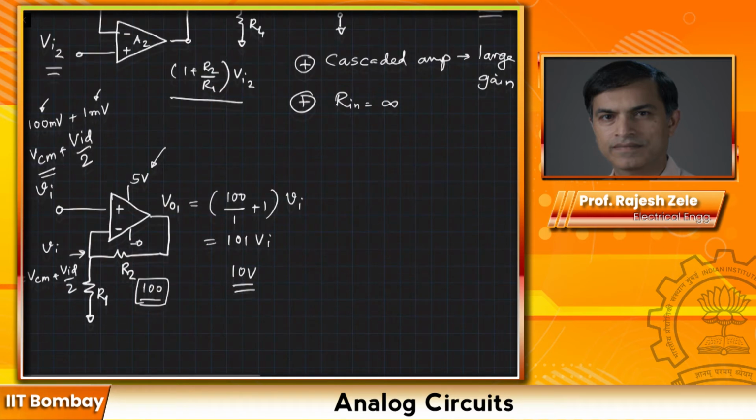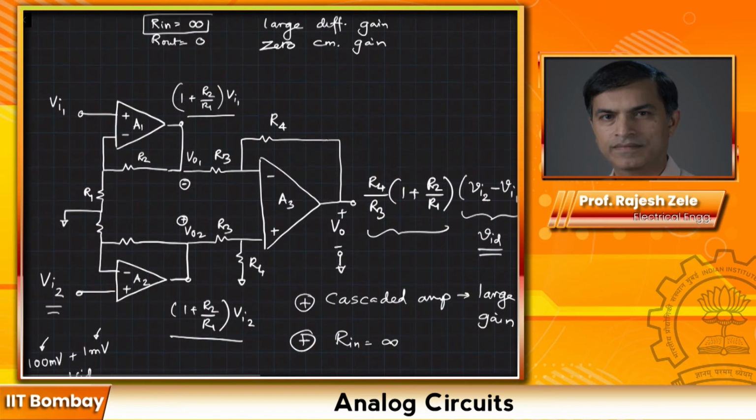If we go back to our original case, if you have a large common mode and a small differential signal, similarly a large common mode here and a small differential signal in the opposite direction, both will get amplified at VO1 and VO2. Subsequently, they will get subtracted in amplifier A3.